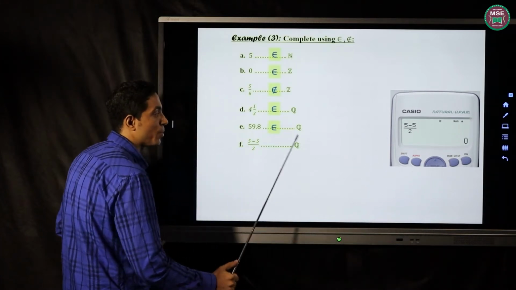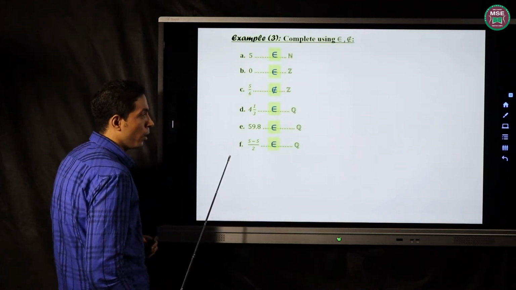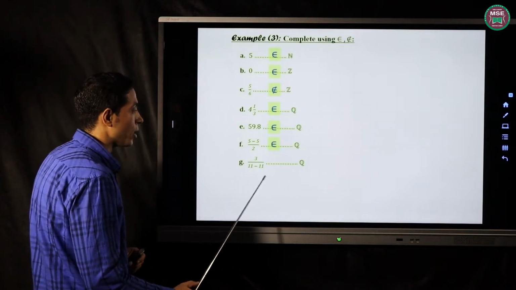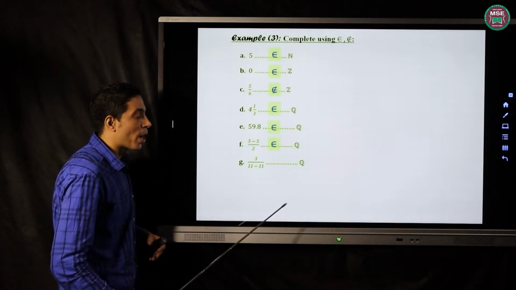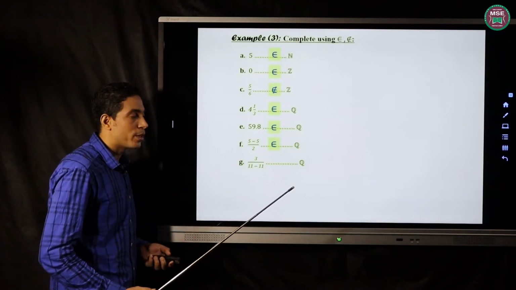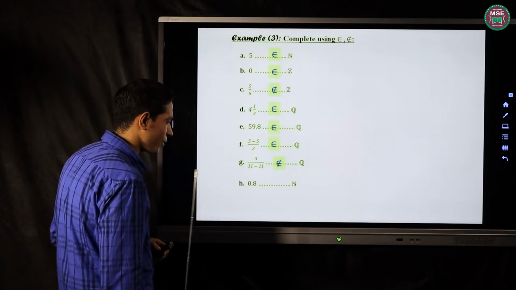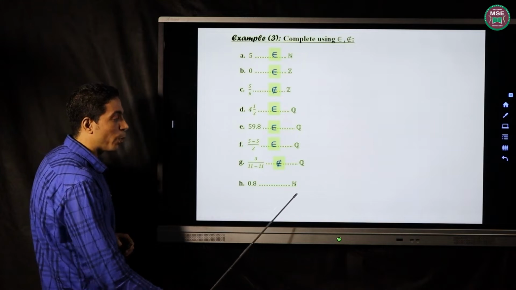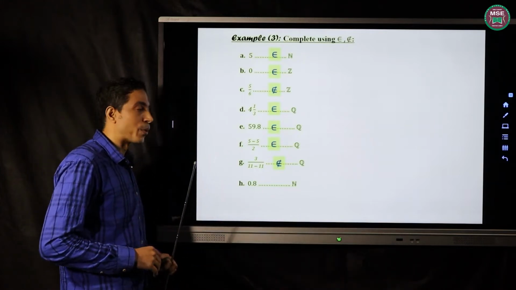And 0 belongs to the set of the rational numbers. 3 over 11 minus 11. 11 minus 11 will equal 0. And we said we can't write a number divided by 0 or over 0, then it doesn't belong to the rational numbers. H, 0.8 doesn't belong to natural numbers because natural numbers don't have decimal numbers.